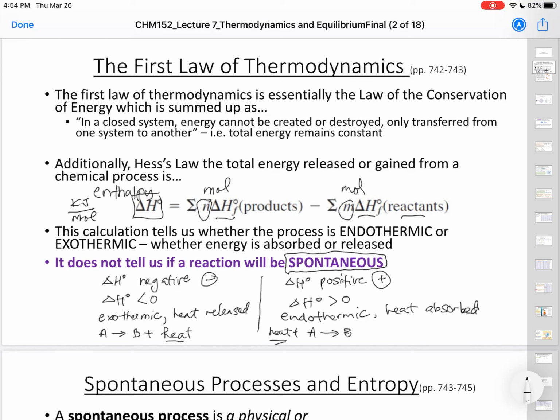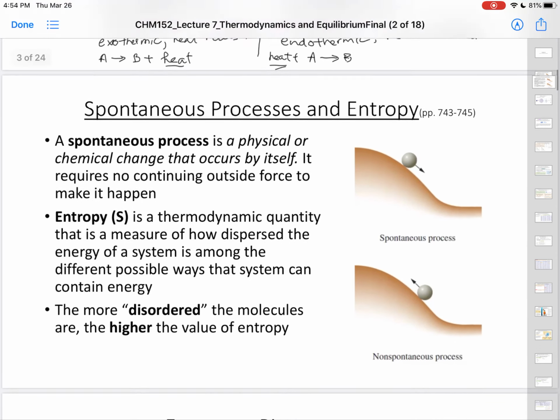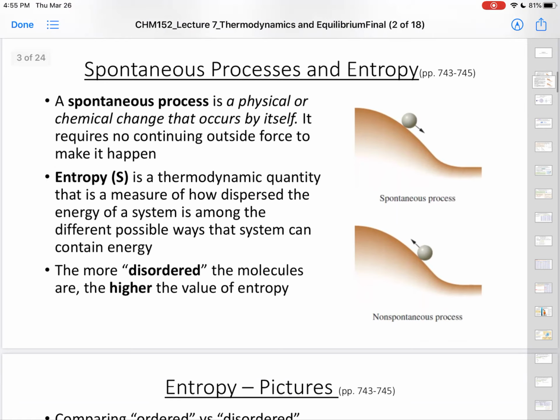This idea of spontaneity means, does this reaction occur if it's just sitting there? Will it occur? Will it not occur? That's the idea of spontaneity. Once it occurs, whether it releases or absorbs energy or heat is addressed with the idea of enthalpy and exo- and endothermic. But that is after the fact that it has occurred.